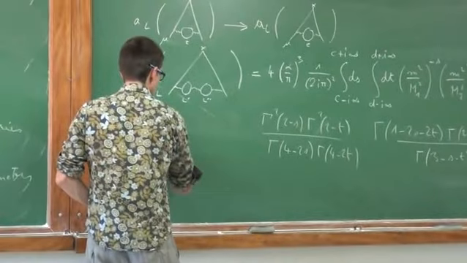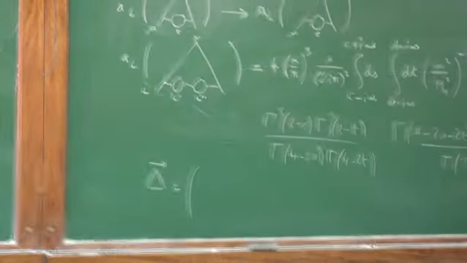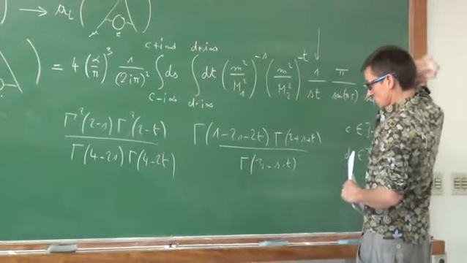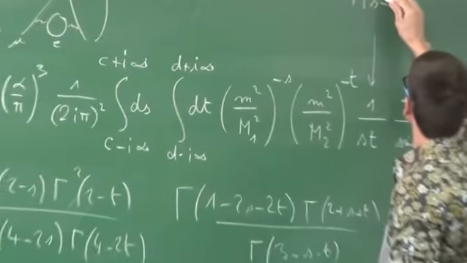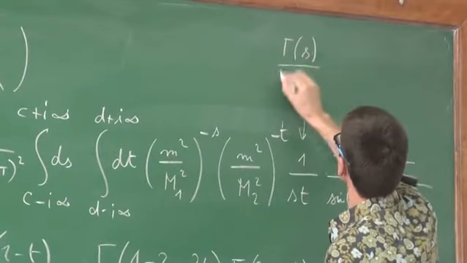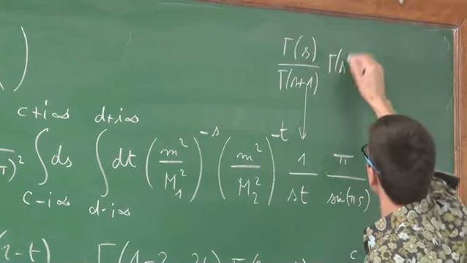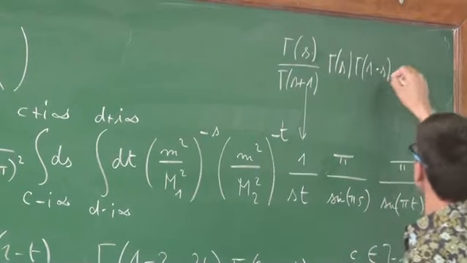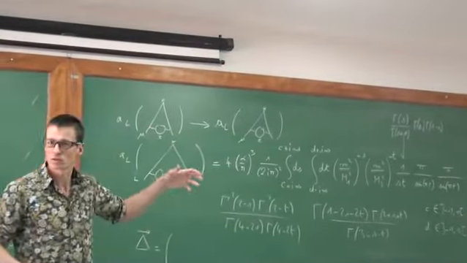The delta is equal to... this gives... just doing the calculation for Aj and Bk to get this, because of the symmetry of the integral, we have the same answer for t.